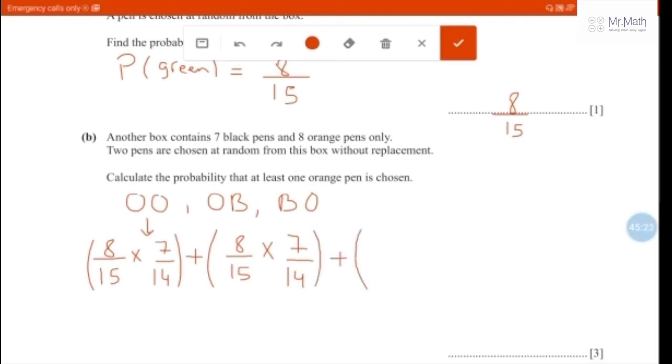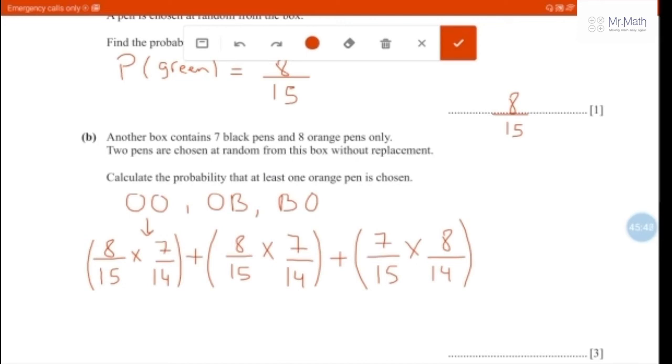Plus the third combination, so the first pen is black, so it's 7 over the total, which is 15, times the probability of getting an orange pen. So the number of orange pens here is 8 divided by 14, because again I'm taking a pen and I'm not replacing it.